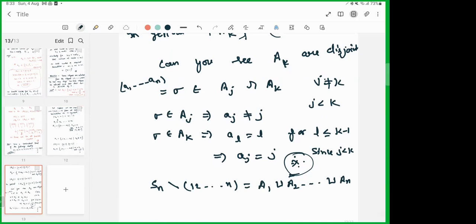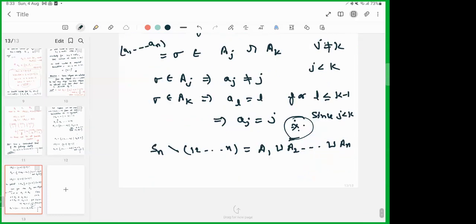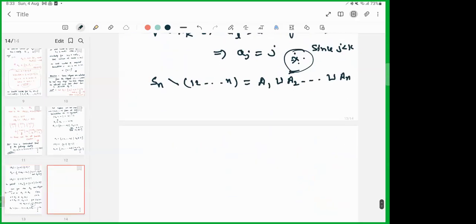I am saying that any permutation I choose from the left hand side will be in some Ai, and it cannot be in two Ai's because they are disjoint. Oh, yes. Get it now.